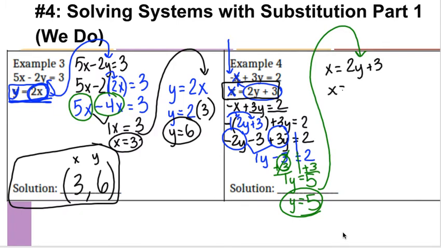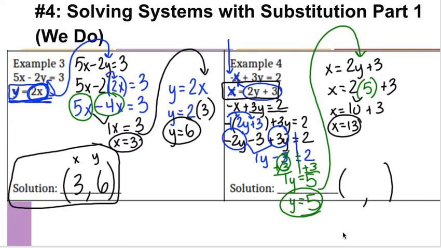So x is equal to 2 multiplied by 5 plus 3. And here I just use my order of operations. 2 multiplied by 5 is 10 plus 3. So x is equal to 13. So my x first is 13. My y value second is 5. The point at which these two equations intersect is 13, 5.